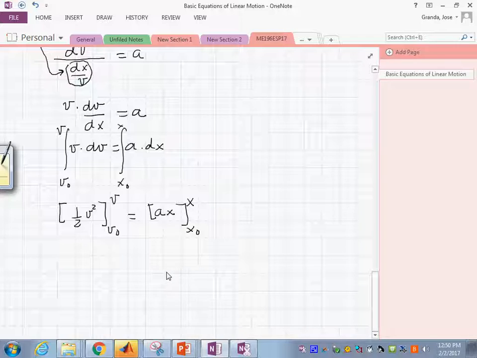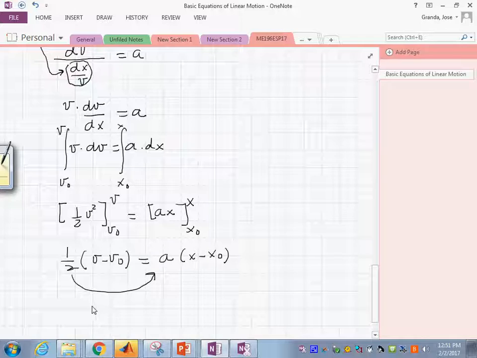And if this is the case, the velocity squared is equal to v sub 0 squared plus 2a times x minus x 0.